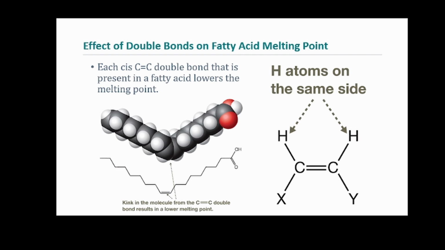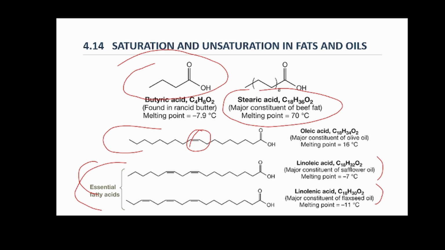So, the effect of double bonds on the fatty acid melting points: you may have noticed that when we're unsaturated, we have much lower melting points, don't we? When we're saturated, what do we notice about the melting point for a similarly sized fatty acid? A lot higher, right?